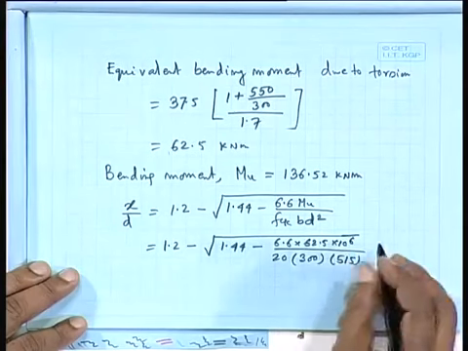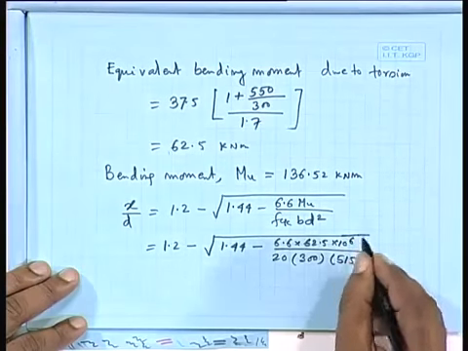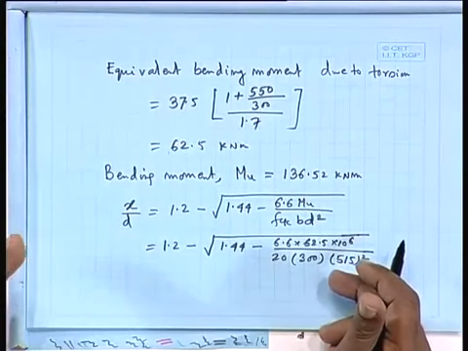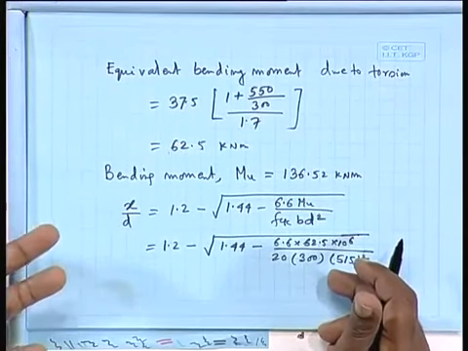We may reduce that because the effective depth may be increased, because not necessarily do we have to provide 20 millimeter dia bar at the top, maybe 16 millimeter also may be possible. We do not know right now.